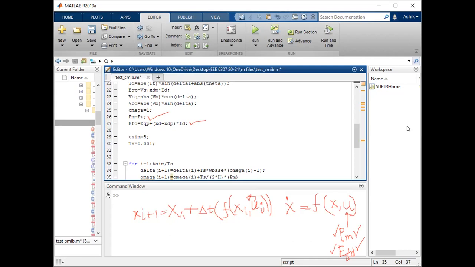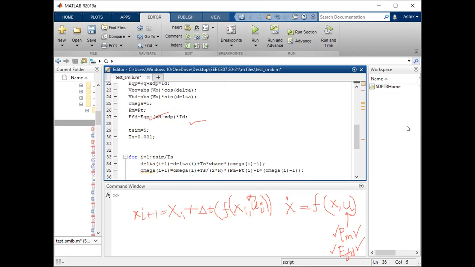Then PM minus, we have PT, and PT is PTI, minus capital D multiplied by, and D is a constant, so there is no indexing for that, omega I minus 1. So that's for the second equation.